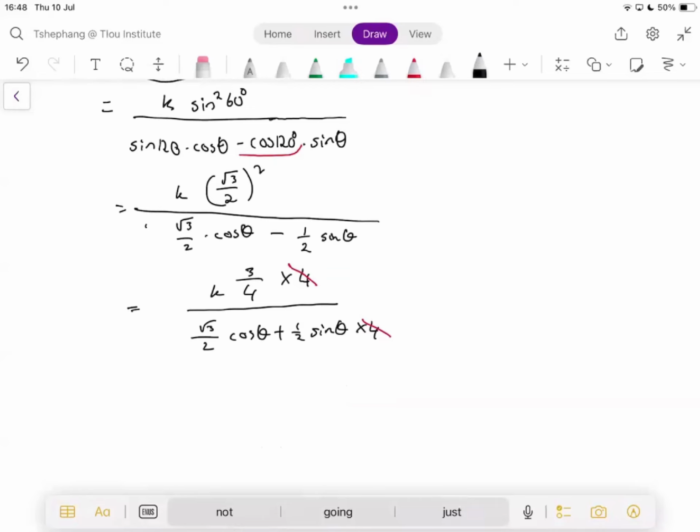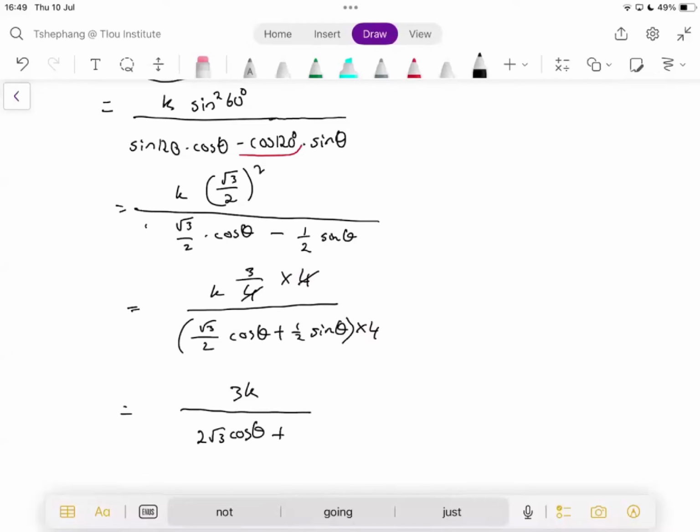Then we know that this part, the 4 that I multiplied with, cancels that 4. What are we left with on top? We are left with 3k. Okay, if you multiply this 4 in, what are you going to be left with? 2 root 3 cos of theta plus what?